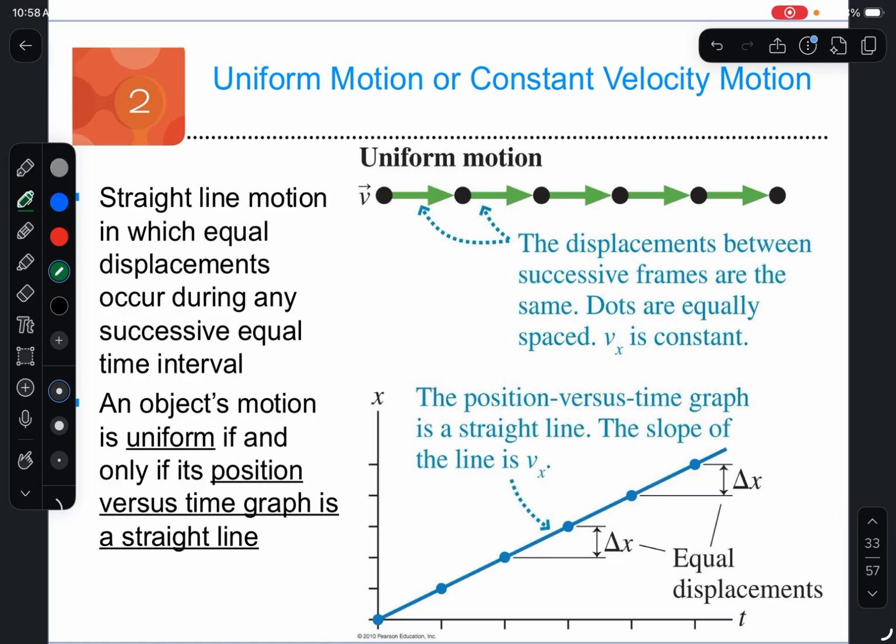If I were to graph this information, I'm going to get a straight line. So my object's motion is uniform if and only if the position versus time graph is a straight line, like you see in this figure.